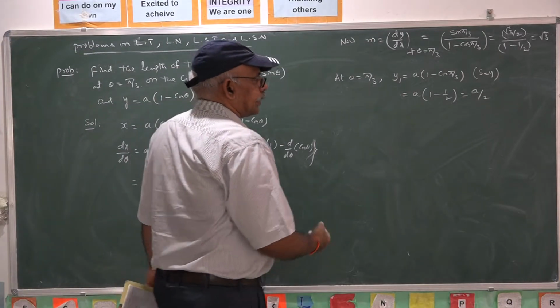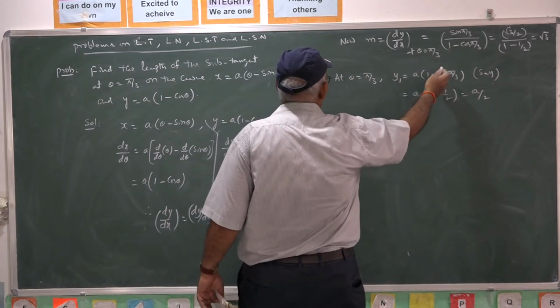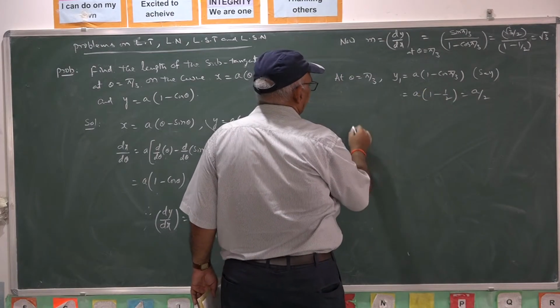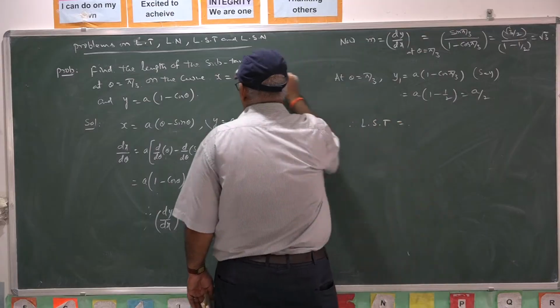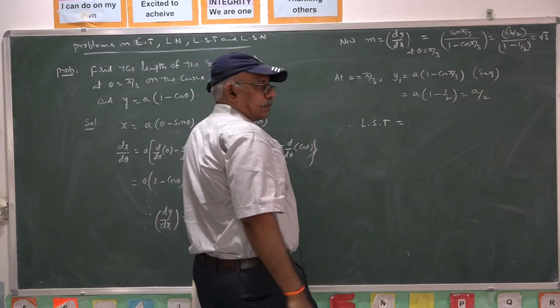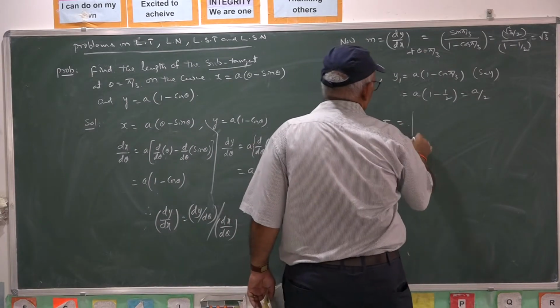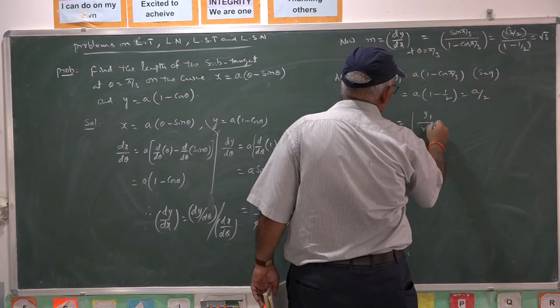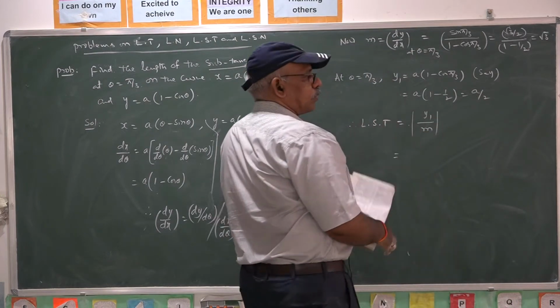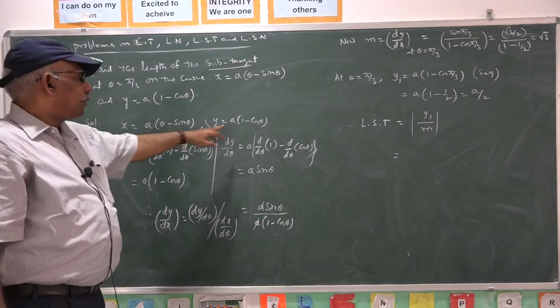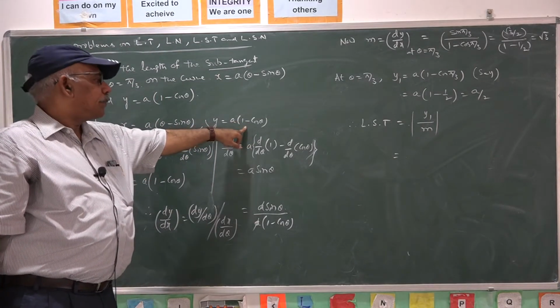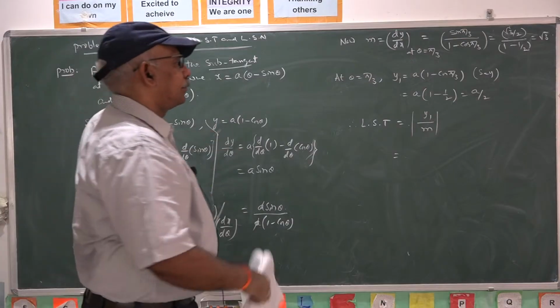Here y1 is a into 1 minus cos pi by 3. So, the length of subtangent formula is modulus of y1 by m itself. The y coordinate of the point at theta equal to pi by 3 is obtained by taking theta equal to pi by 3 in y on the curve.